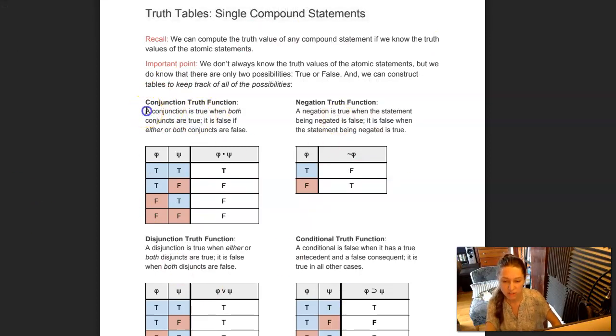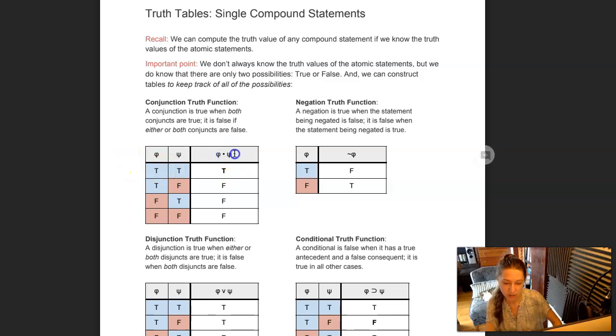So here's the definition of the conjunction truth function in words. A conjunction is true when both conjuncts are true. Conjuncts are the parts of a conjunction. And false if either or both conjuncts are false.